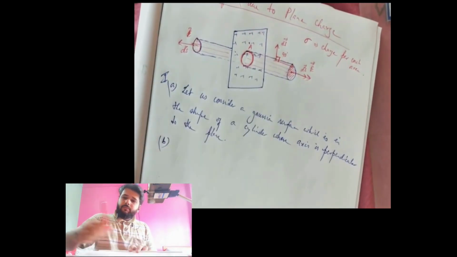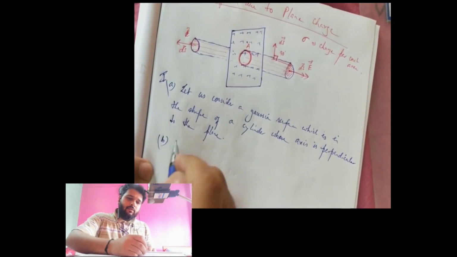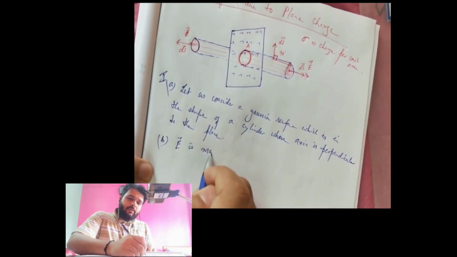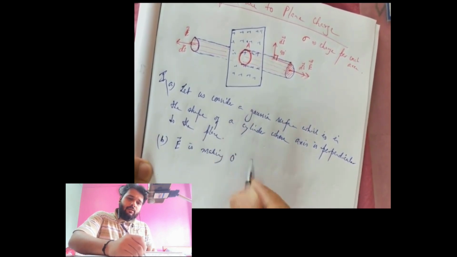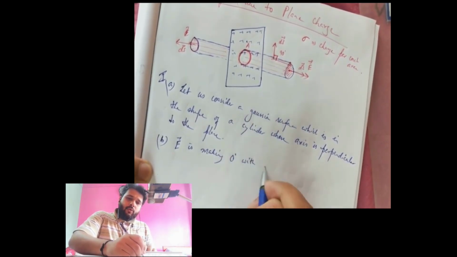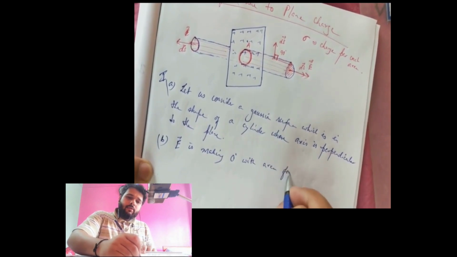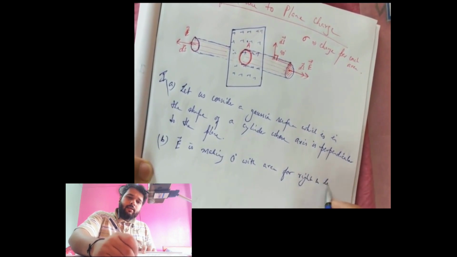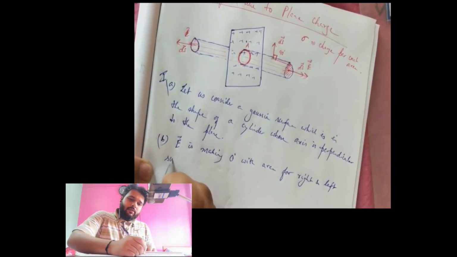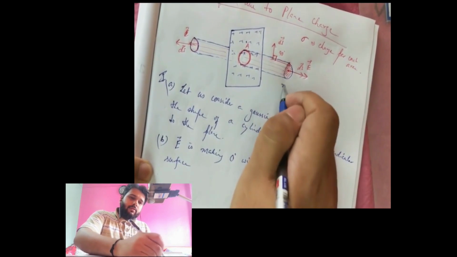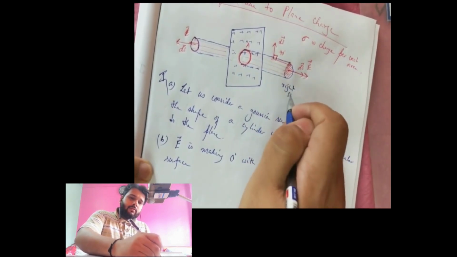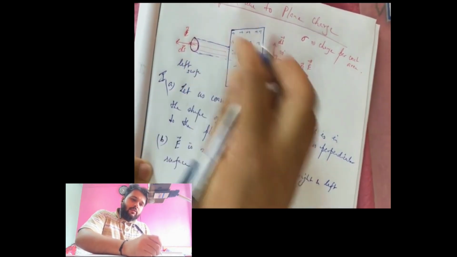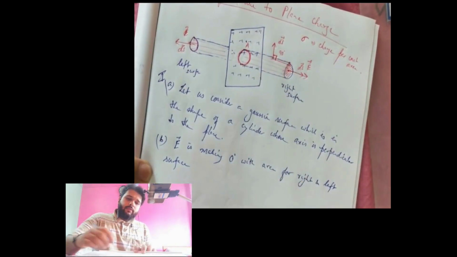So here we can write that E is making 0 degrees with the area vector for the right and left surfaces. This is the right surface, this one is the left surface, and this whole is the curved surface.